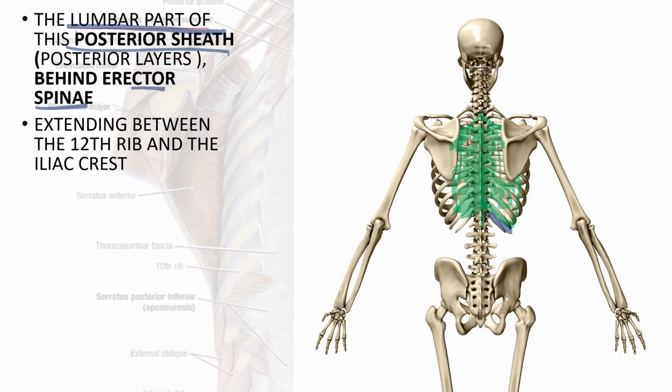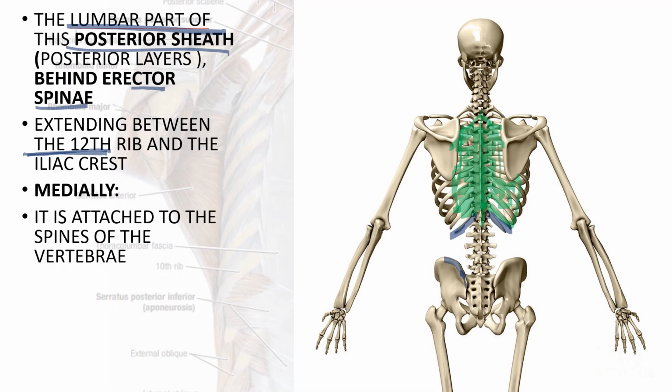The superior attachment of this thoracolumbar fascia in lumbar area is the 12th rib. This is the 12th rib and this one is our ilium bone. So thoracolumbar fascia is extending between the 12th rib and the iliac crest like this. Medially, as we already discussed, it is attached to the spines of the vertebra.